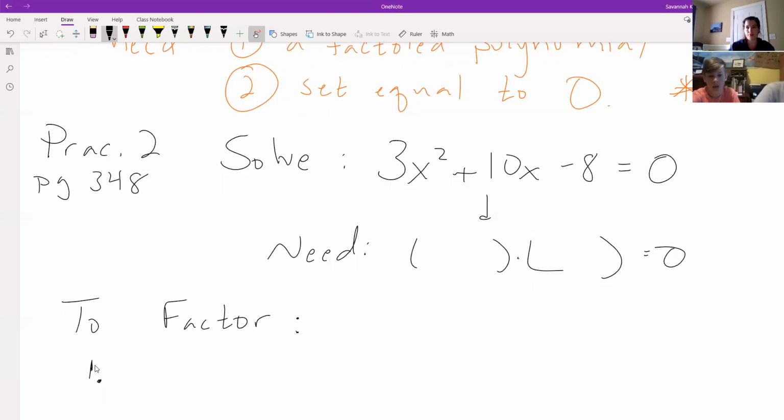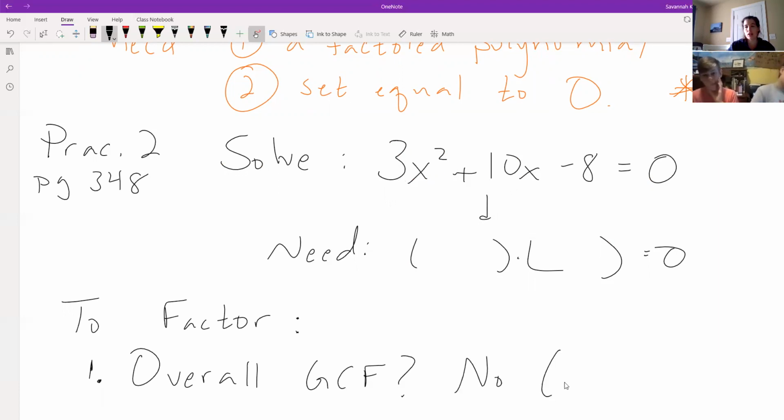You have to find the GCF. Right, yeah, is there that overall greatest common factor? And in our case, between 3 and 10 and -8, there is not one, there's not a greatest common factor except for the number 1 itself.